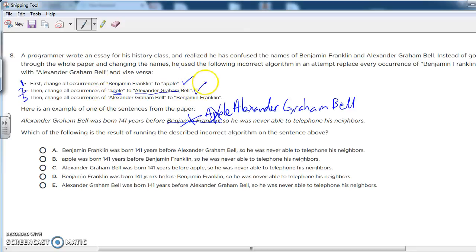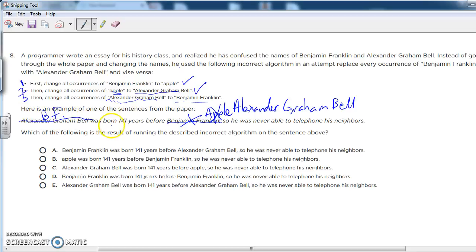But we have done step 2, or line 2. Line 3 says, then change all occurrences of Alexander Graham Bell to Benjamin Franklin. That means everywhere where it says Alexander Graham Bell is now going to become Ben Franklin. So that means this has now changed to Benjamin Franklin.